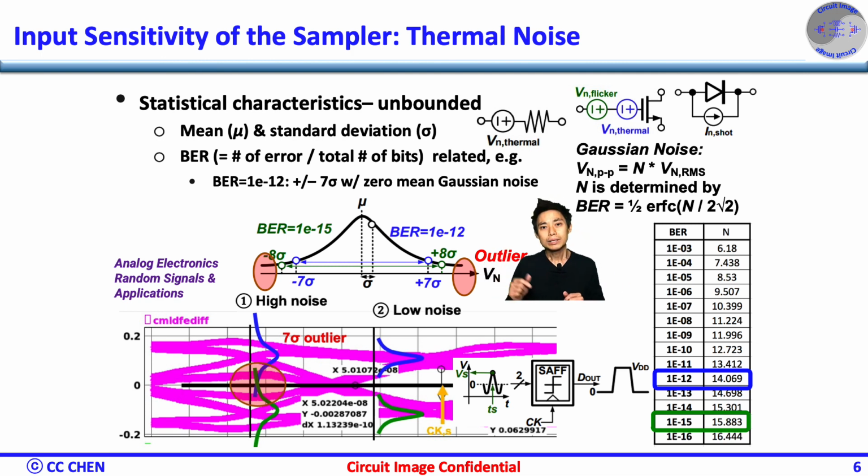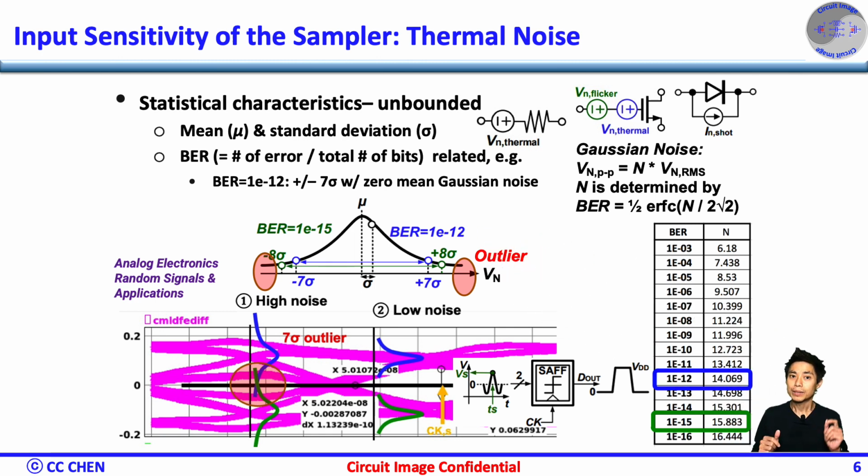Then, the peak noise amplitude will depend on the observation time window over the number of bits, which corresponds to the SerDes transmission goal, the bit error rate. For example, if the mean equals 0 and the RMS voltage noise equals 1 mV, the minimal input sensitivity should add 14 mV and 16 mV to our previous values for the bit error rate equal to 1e-12 and 1e-15 respectively.